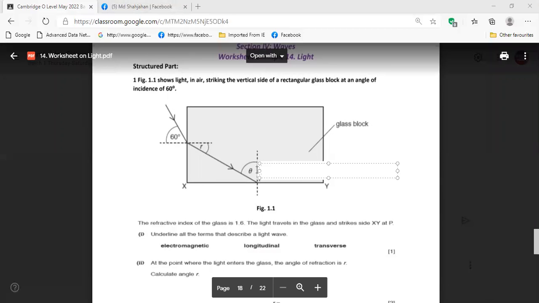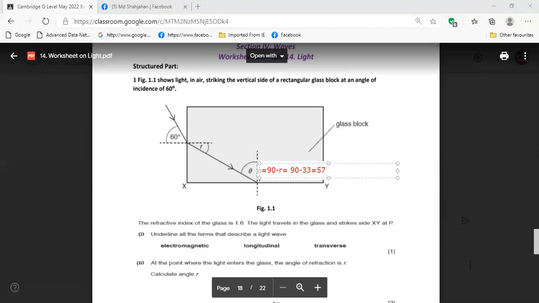Theta equals 90 minus r. So r you got how much? 33. 90 minus 33. Okay, then what is the value? 57 degree.